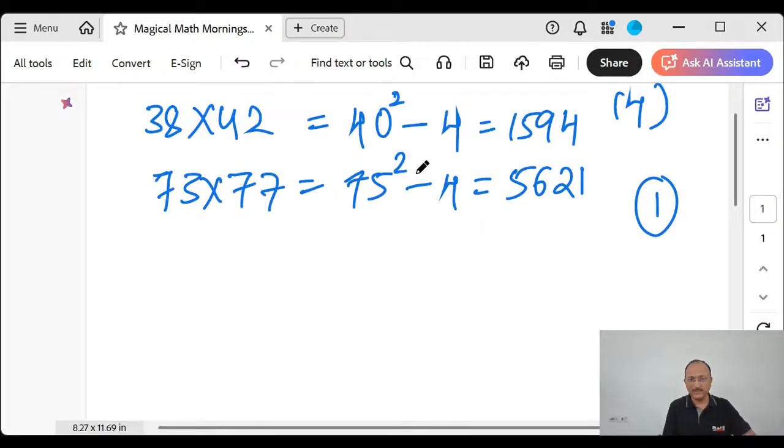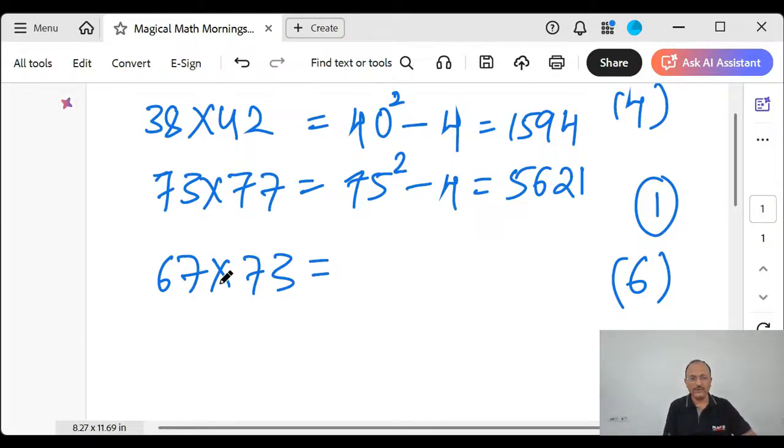Correct? Is it applicable only for a difference of 4? No. Suppose the difference is 6. It is applicable for all even numbers. If the difference is 6, what do we do? Suppose we take 67 into 73. What is the difference? It is 6. Correct? So here 70 is the middle number.